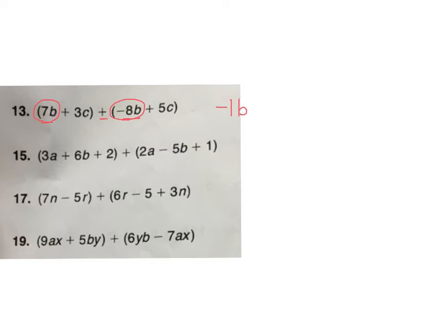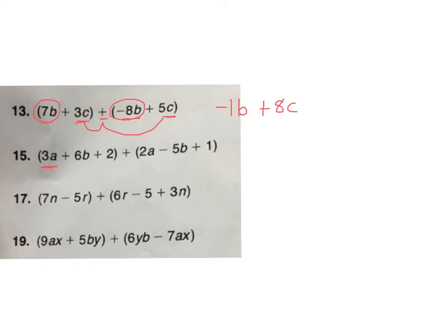And then I look and I say, are there any like terms with 3c? 5c. So I say 3c plus 5c is 8c. And since 8c is positive, I'll put plus 8c. If 8c had been negative, then I would have put what? Minus 8c, right.